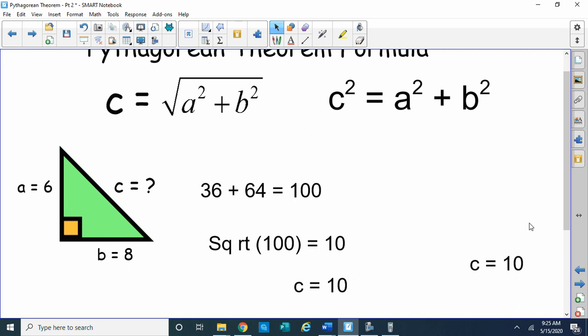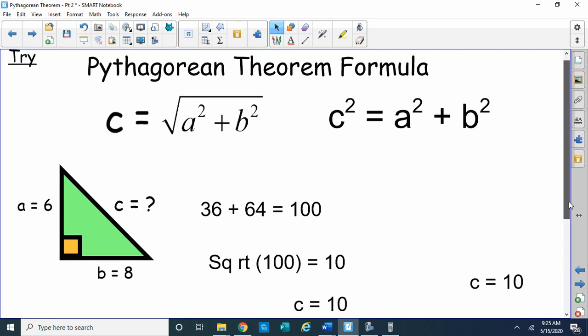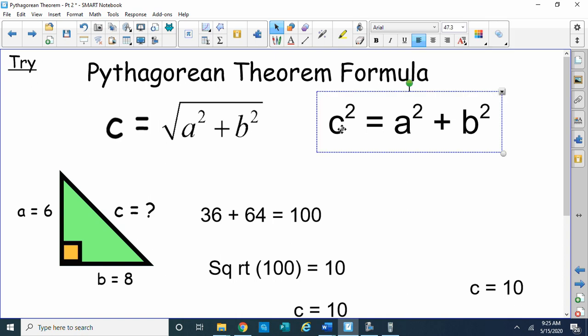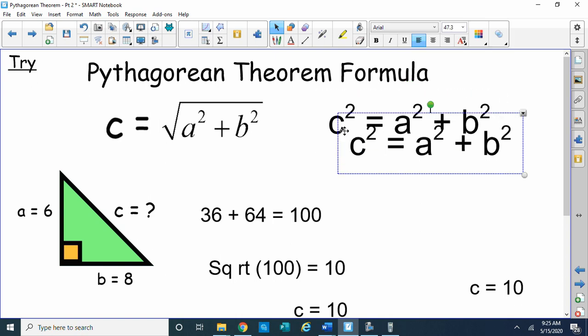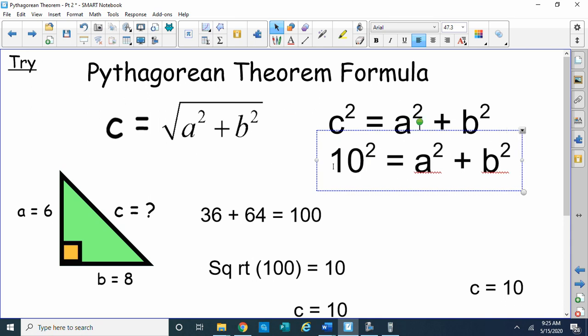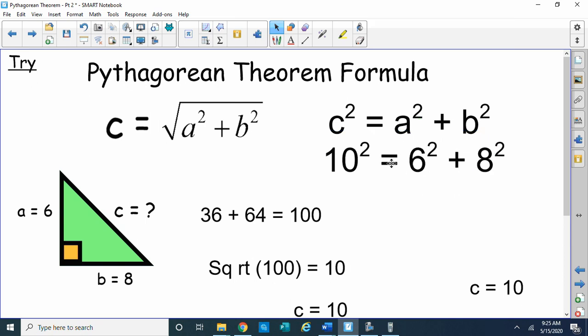And there we go. So we're using that formula over and over again, and I even want to show you something here. If we take this formula, let me duplicate it and clone it in, this is a way of checking yourself. Since we said C is equal to 10, I'm going to change those letters. A was equal to 6, and B was equal to 8, and just show you how you can use this formula.